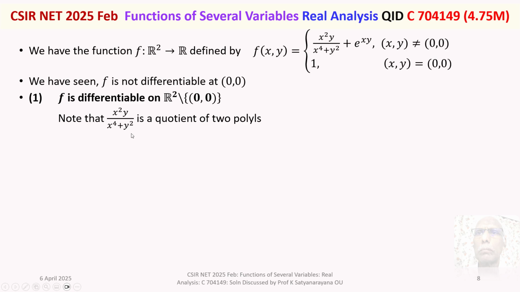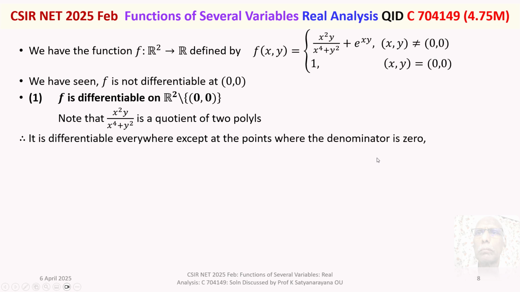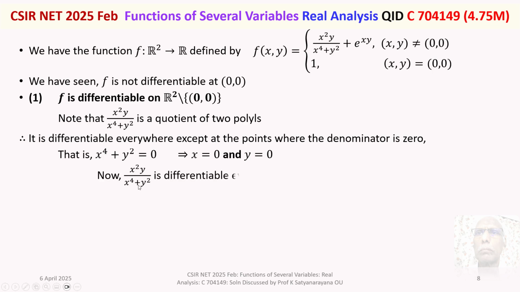This is differentiable everywhere except at the points where the denominator is 0. That is, the denominator x to the power of 4 plus y square is equal to 0 will imply x is equal to 0 and y is equal to 0. That is at 0, 0. So that means x square y by x to the power of 4 plus y square is differentiable everywhere except at 0, 0.